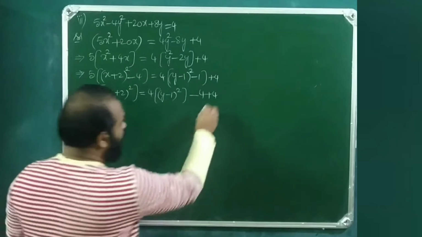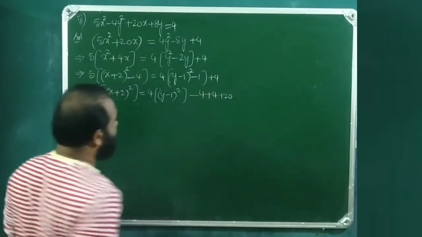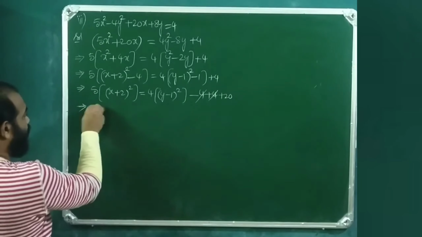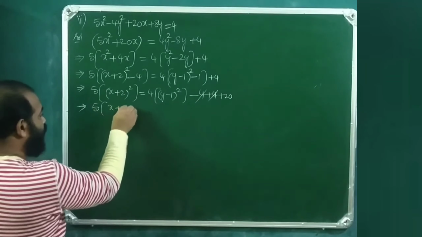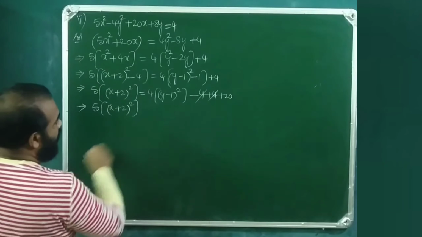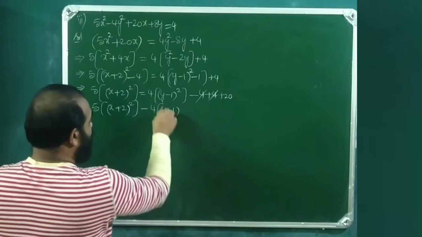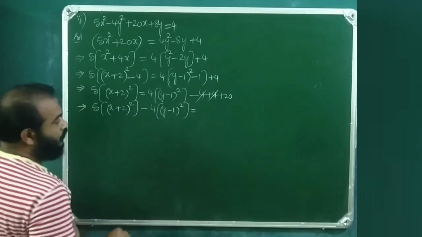If you bring to this side, plus 20. These two get cancelled. So this is equal to 5 into (x + 2)² − 4 into (y − 1)² = 20.